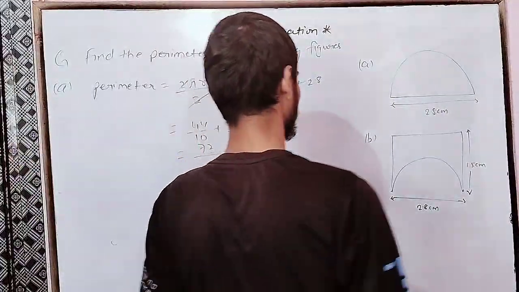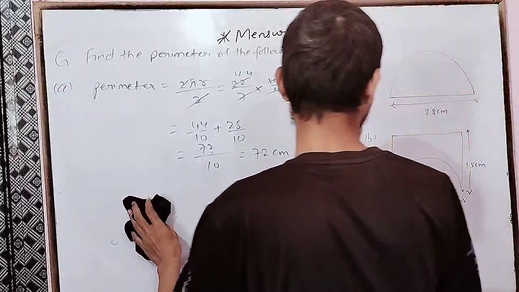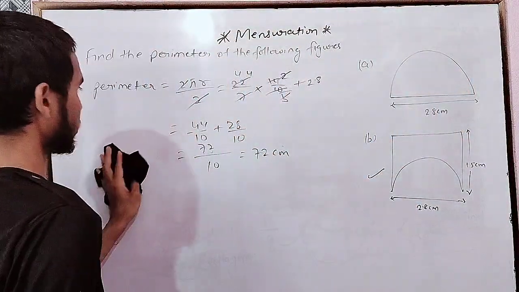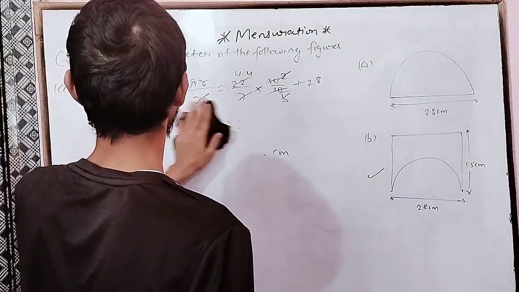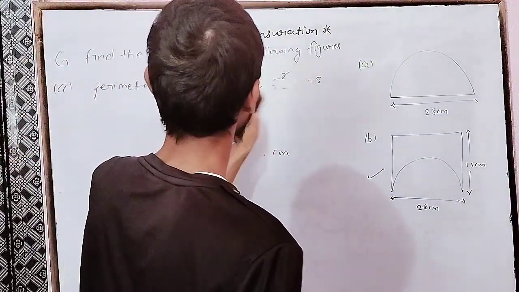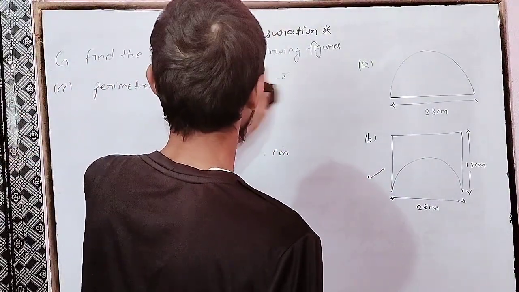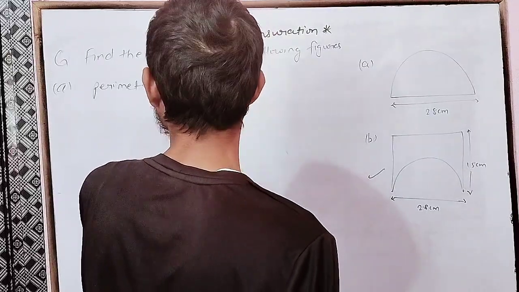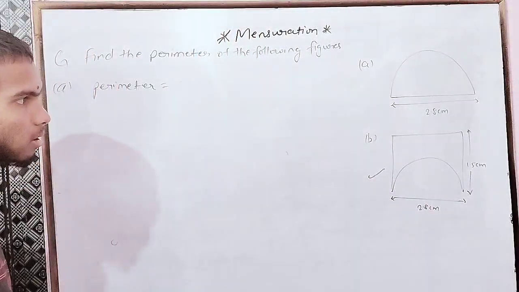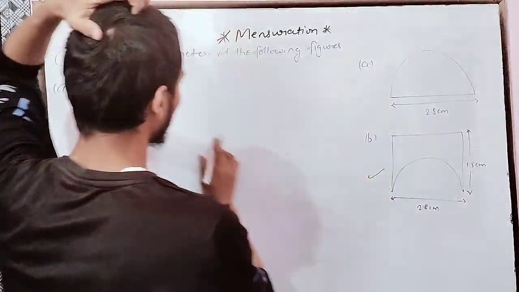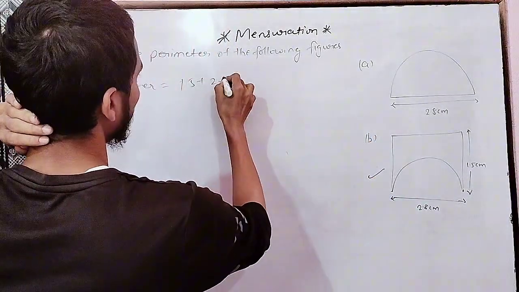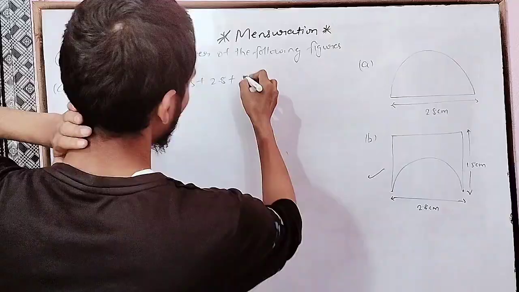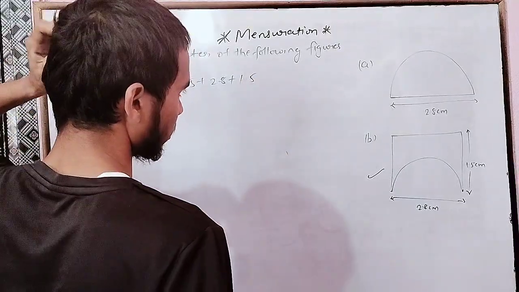Next, now this one. Here we have this 1.5, then this 2.8, and then we have 1.5.